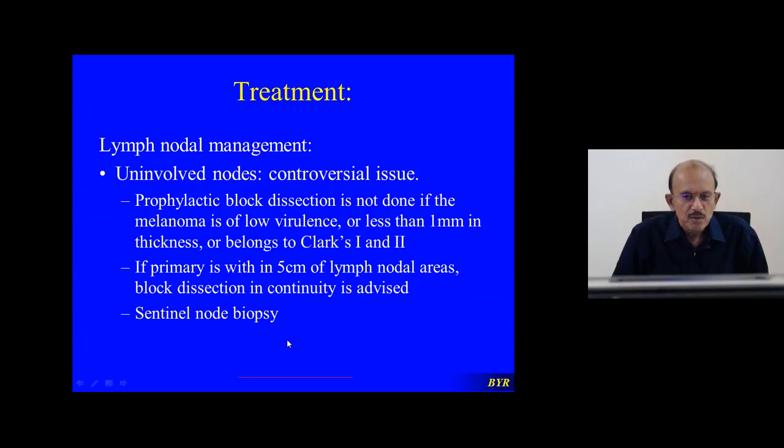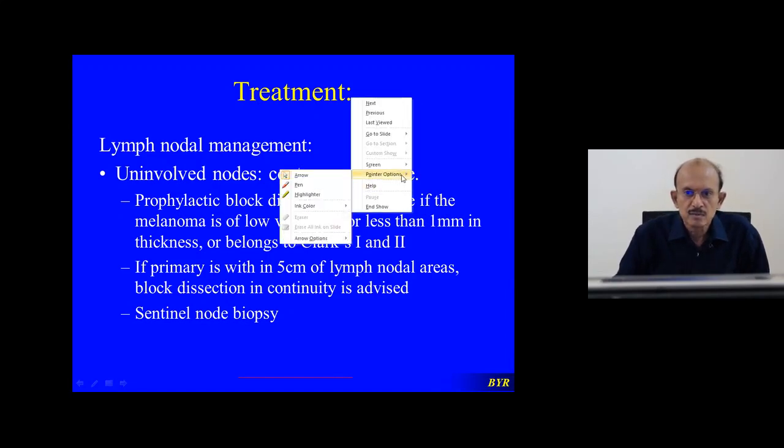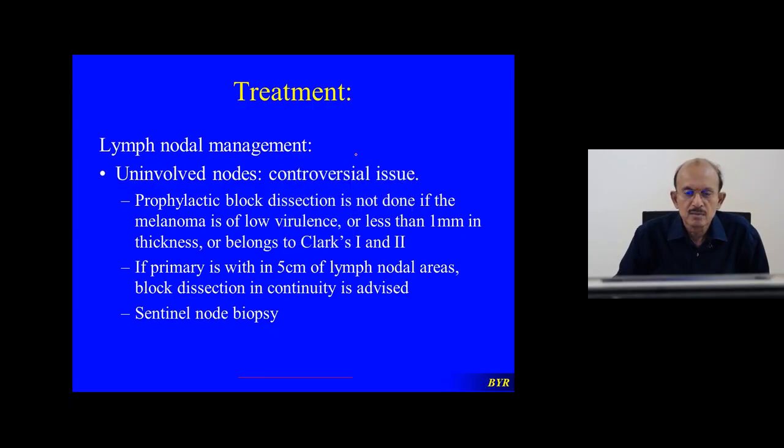So, for example, these are the lymph nodes in the inguinal region, let us suppose. There are about 15 or 20 nodes here. There is a lesion in the foot, just at the base of the toes, a melanomatous lesion, or some lesion is there.